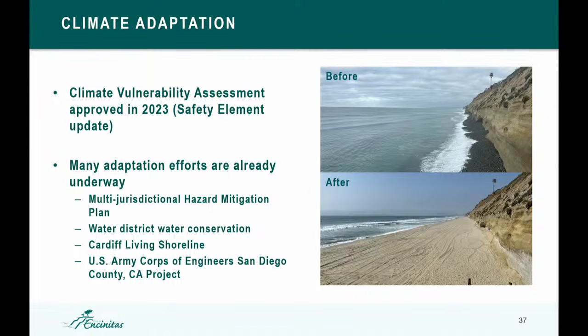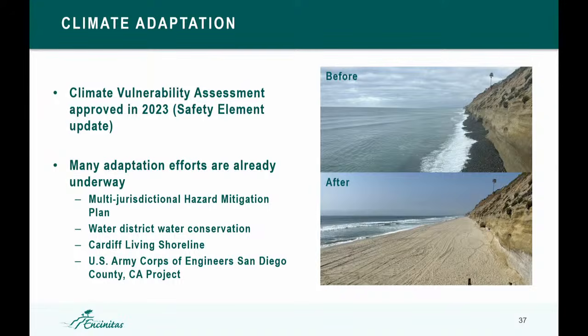I did want to share that there are some adaptation efforts that are already underway. For example, the city currently has a multi-jurisdictional hazard mitigation plan that it follows. Our water districts are actively encouraging the community to conserve water in terms of potential future drought risk.